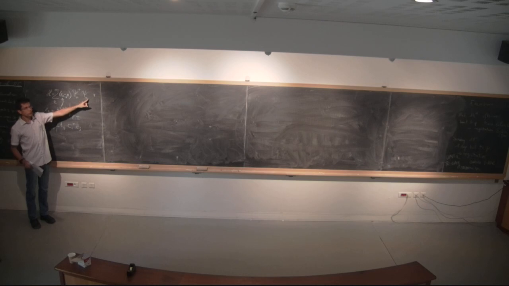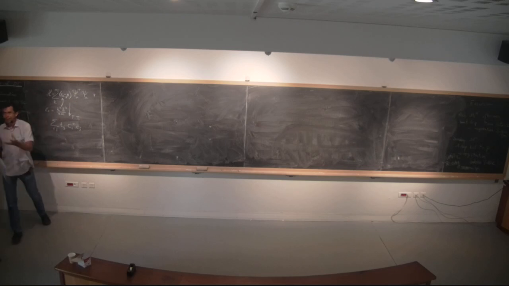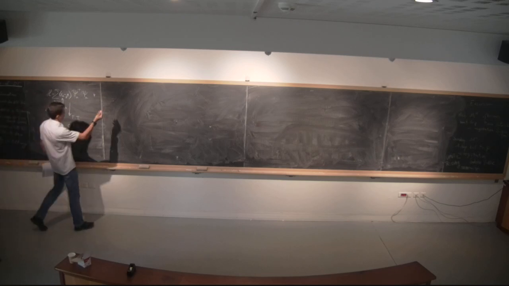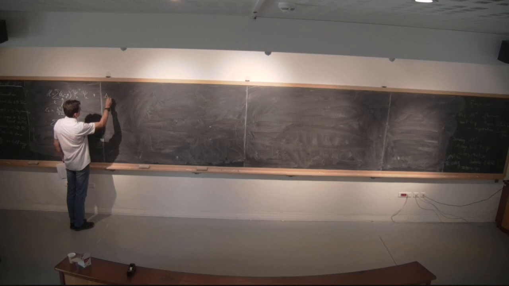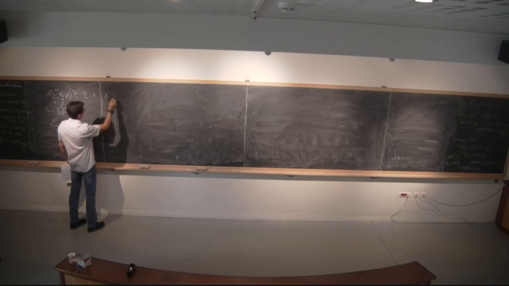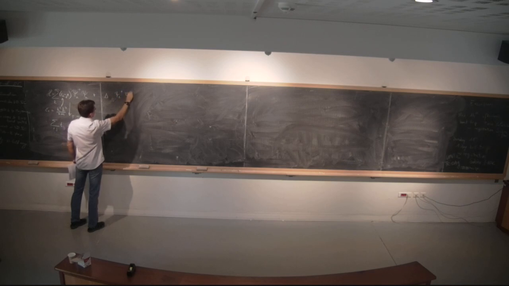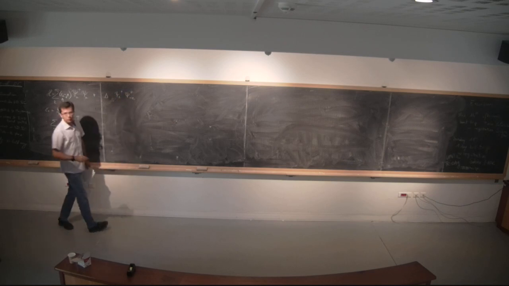So you could think of this as creation of a hole, and this as creation of an electron. Now, if I want to create a pair, I want to create two electrons, and so the way to do this, in BCS language, is to write this down with delta, where I create a pair of electrons.